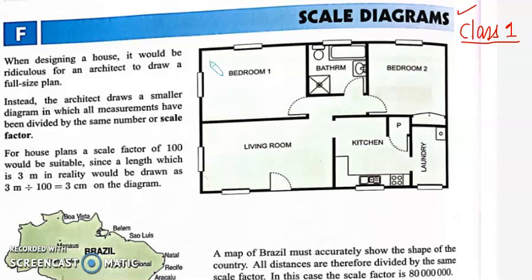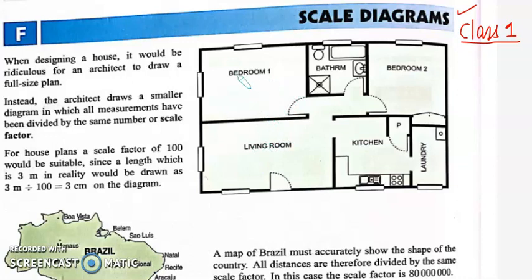In order to represent any building on paper, we need to draw diagrams. Now, the length or width of the building in those diagrams has to be in proportion with the actual length or width.